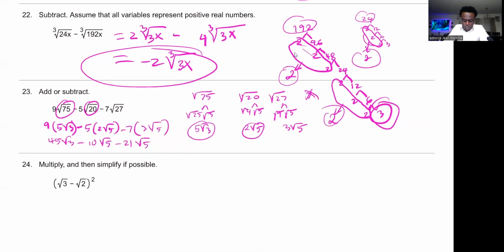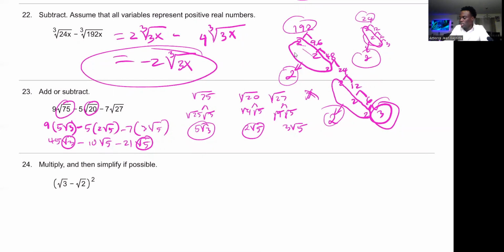Then we got 45 minus 10. Wait, we can do that? Sorry. Because these two radicals are not like, but these two are like. So we will combine negative 10 and negative 21.